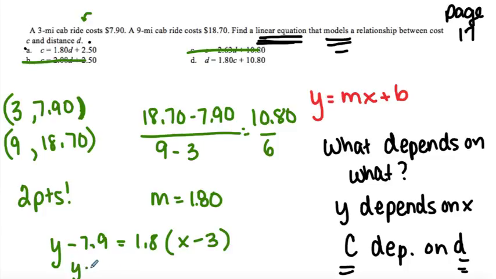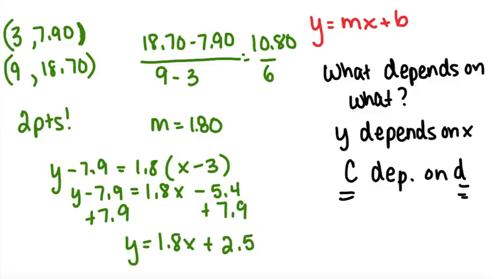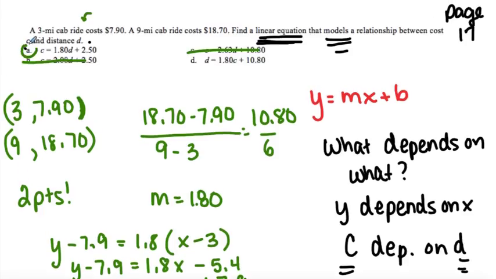So I'm going to do y minus 7.9 equals 1.8x minus 5.4. Okay, I'm going to add 7.9 to both sides to put it in y equals mx plus b. So y equals 1.8x plus 2.5. And so now I look for my model, and there it is, A. Again, guys, linear equation, slope and a point, slope and a point.